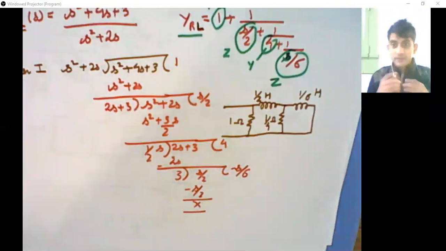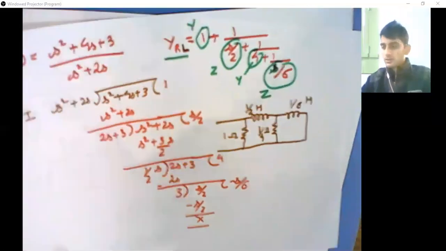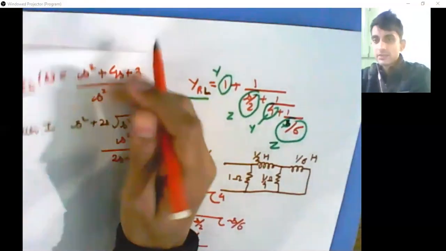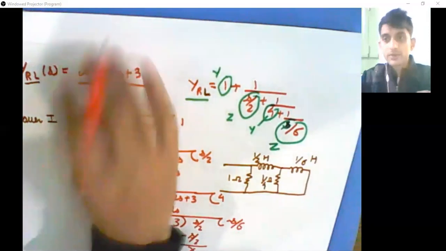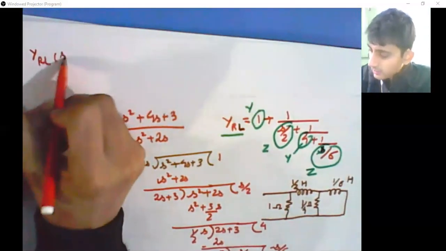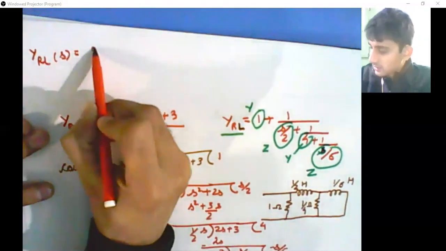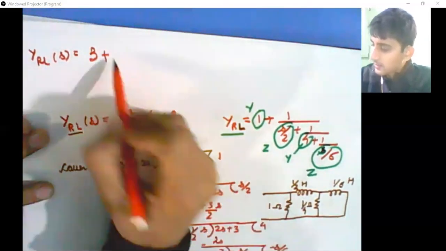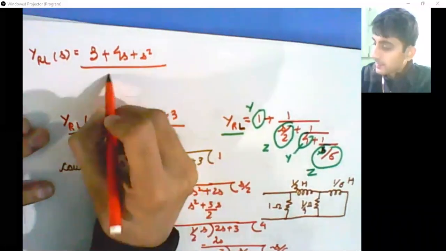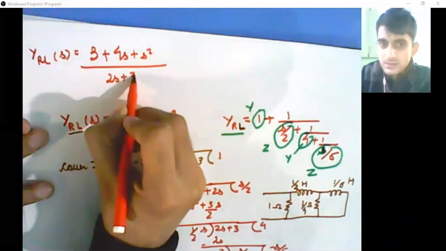Okay. So Cauer 2 means we need to eliminate what? Cauer 2 means we need to eliminate the lowest degree. Again, we will keep the example same, but we will try to eliminate the lowest degree. So now your YRL of S will be written as 3 plus 4S plus S square divided by 2S plus 3.